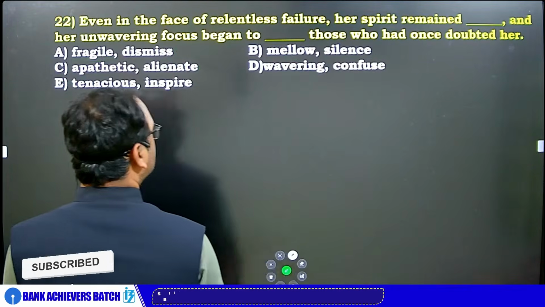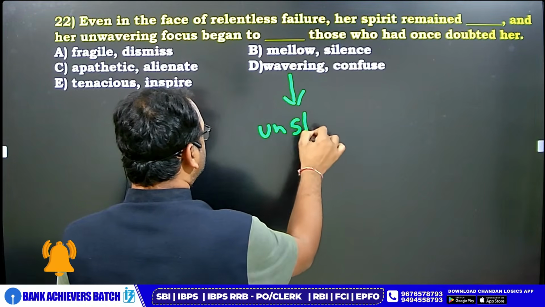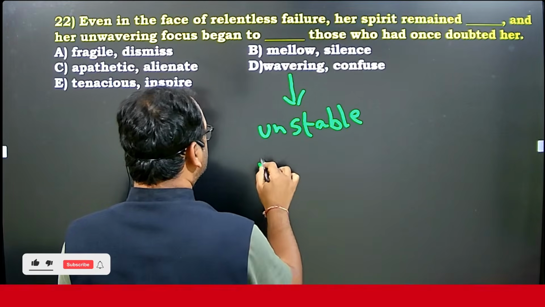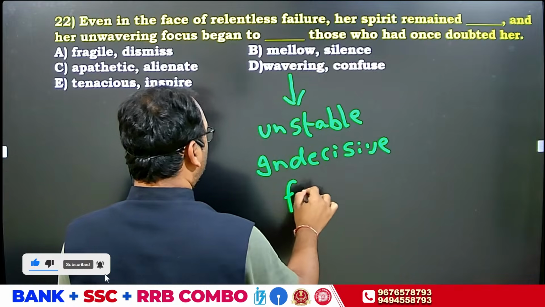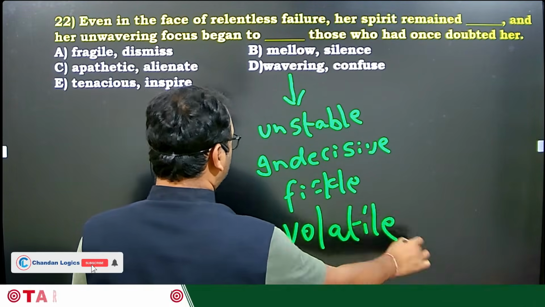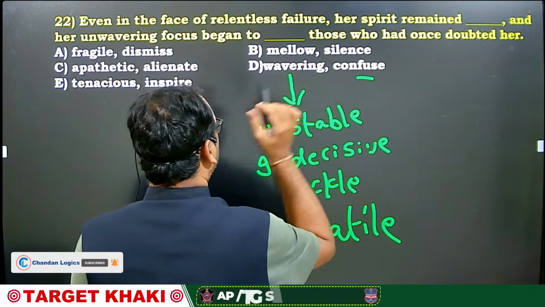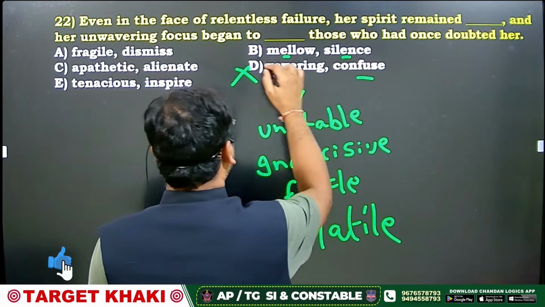Second time I'll repeat. Wavering means unstable, indecisive, fickle-minded, of a volatile nature. Confuse is also a negative word. Both negative. Mellow means very weak. Silence is silence.